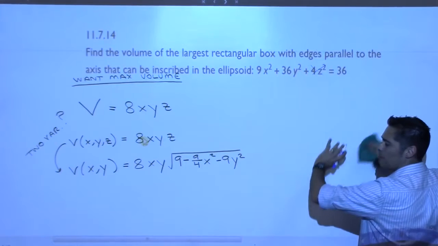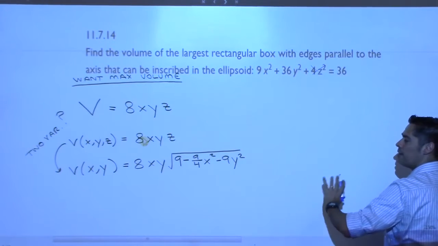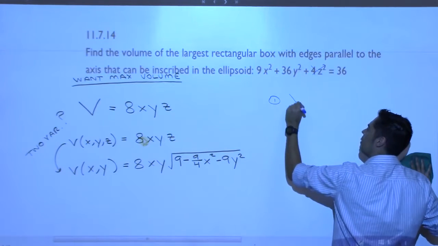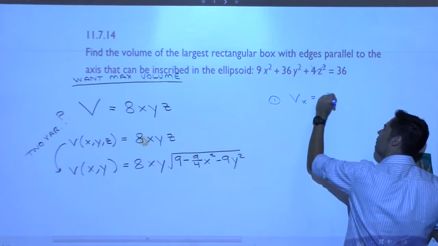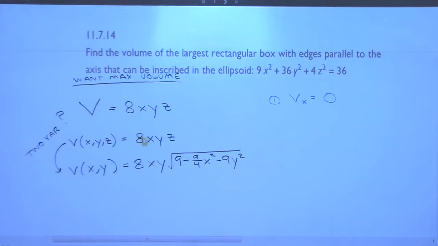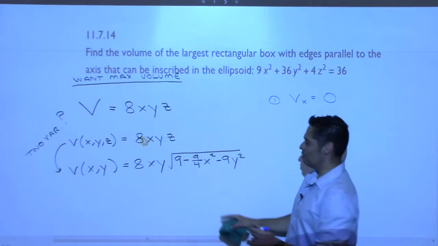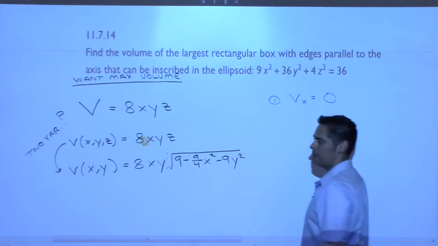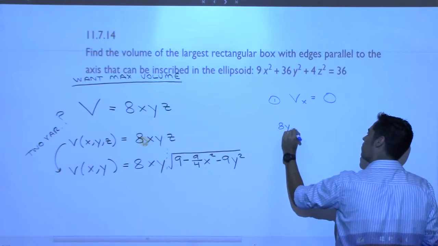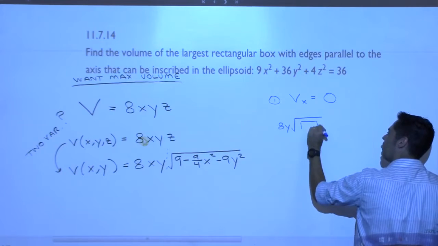All right, starting up, now that we have an idea what the domain looks like, first step, I need to set partial of v with respect to x equal to 0. So what's the partial of v with respect to x? Product rule, yay! So, what, 8y, square root of a bunch of junk, right?